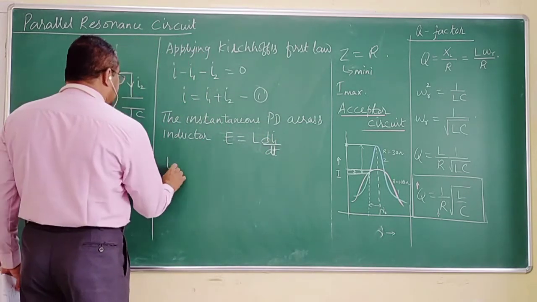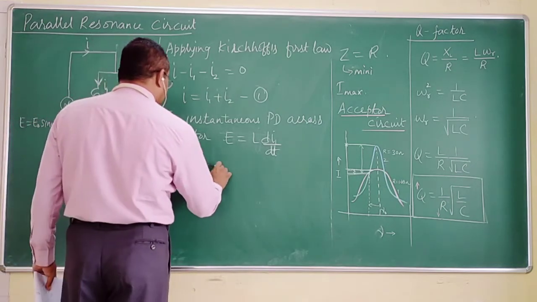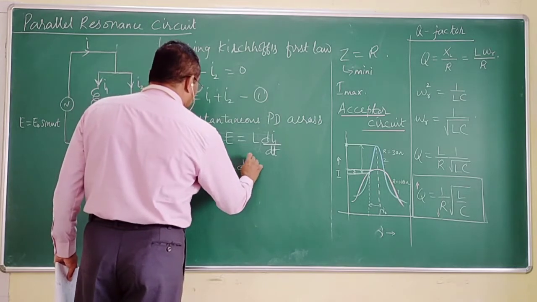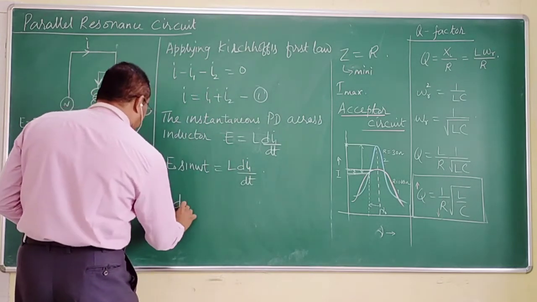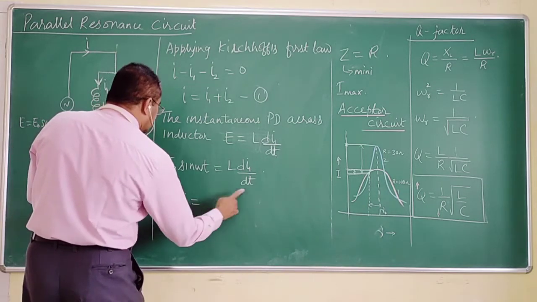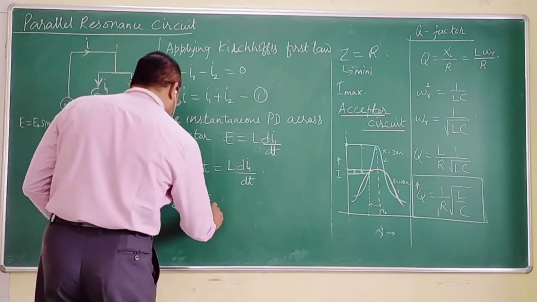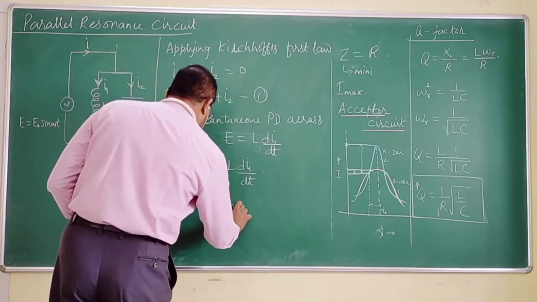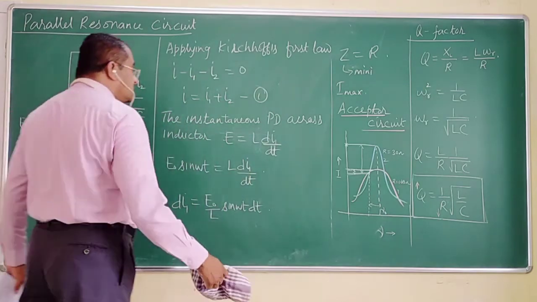Now this E can be written as E naught sin omega t is equal to L di1 by dt. Therefore, di1 is equal to E naught by L into sin omega t dt. Is that okay to you, sir?